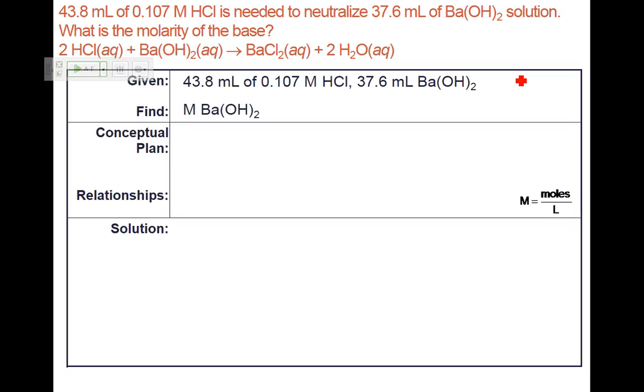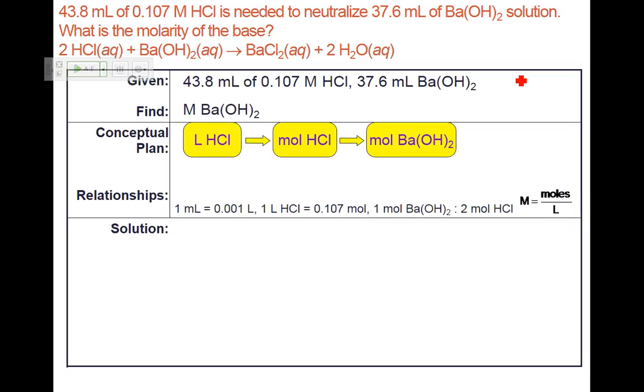So my conceptual plan is that I know my volume of HCl. It's in milliliters. I can convert that to liters. If I know my volume of HCl and I know my concentration of HCl, I can figure out how many moles of HCl I used to react with my barium hydroxide.